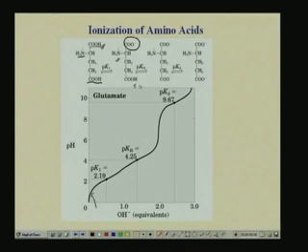So, as I go on further with my OH minus addition, my titration, the next easiest one to be removed is the side chain one, right? Now, I keep on going.